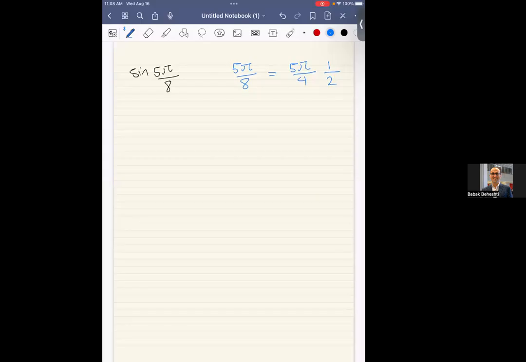So that means here, what you can do is to say that sine of 5 pi over 4 is equal to sine of 2 times 5 pi over 8.